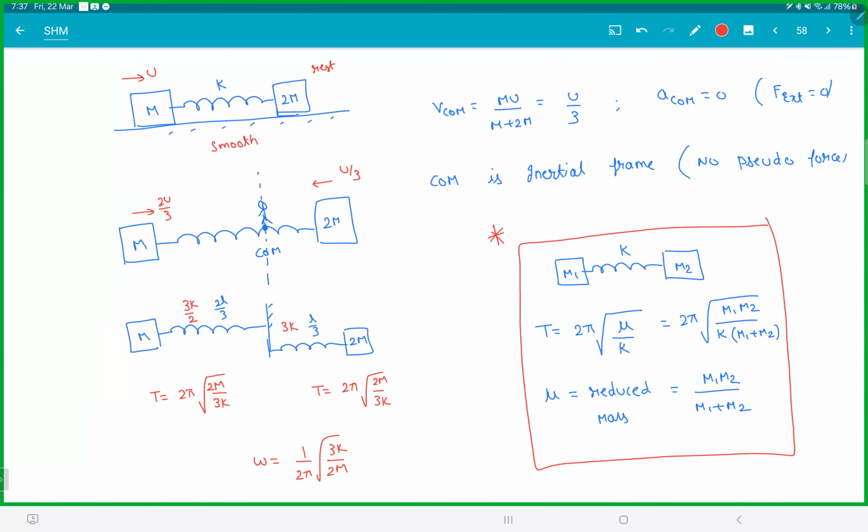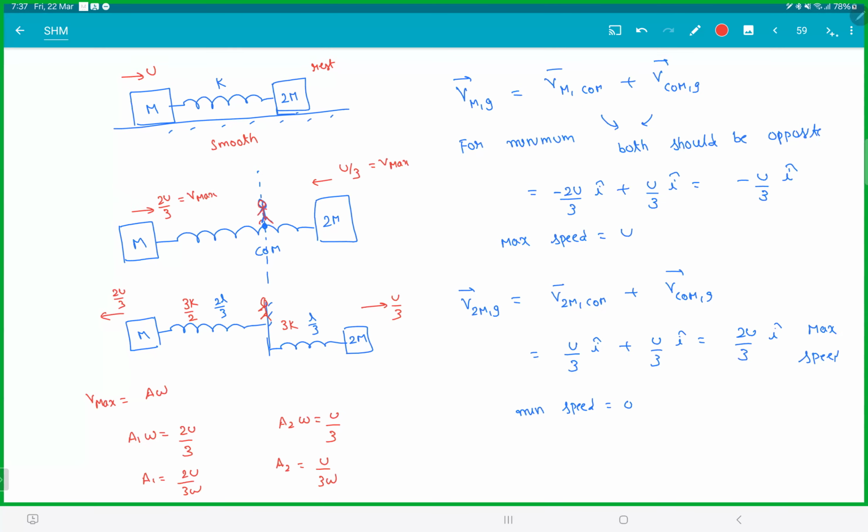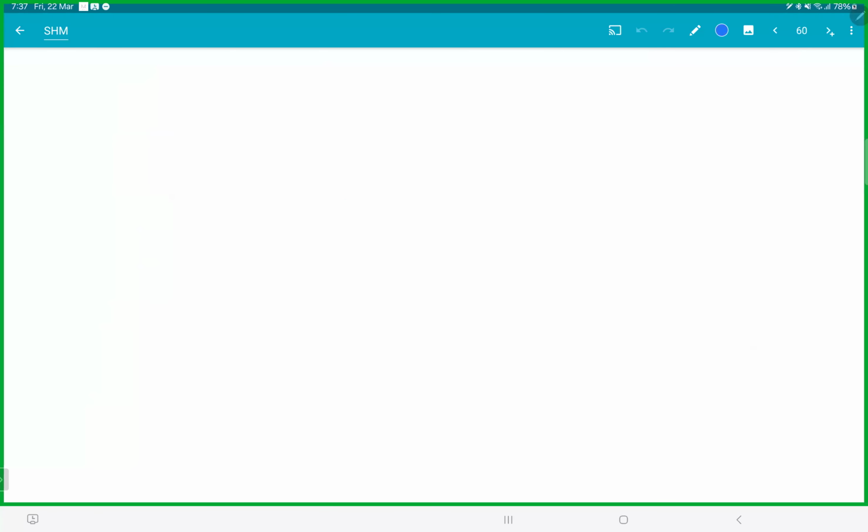Keep a space here. Do you remember this formula? Kinetic energy of a system is kinetic energy of center of mass plus kinetic energy about center of mass. So I can do that.